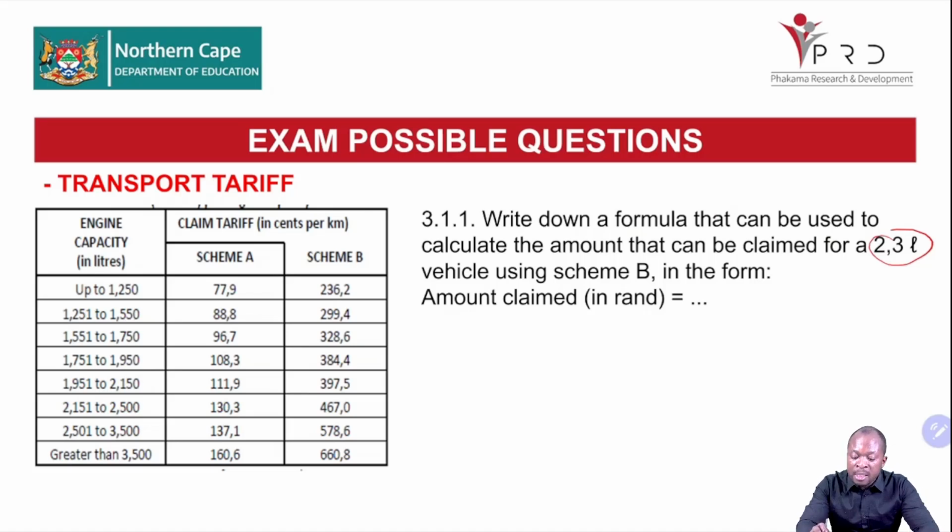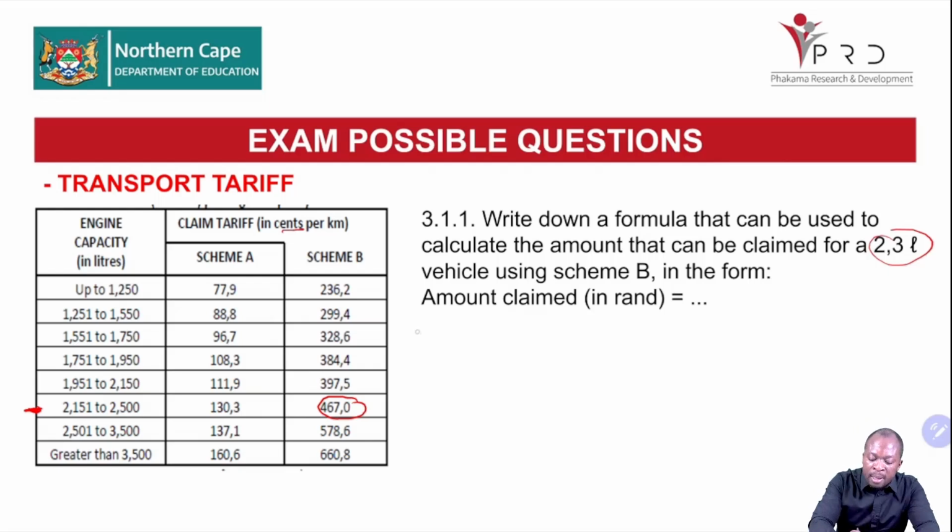Like here, it says you must write a formula that can be used to calculate the cost for scheme B. If you're having a 2.3 liter, you'll find it somewhere here from 2.15 up to 2.5 liters. So for scheme B, this is the price. But remember, it's not 467 rand because the amounts are in cents.